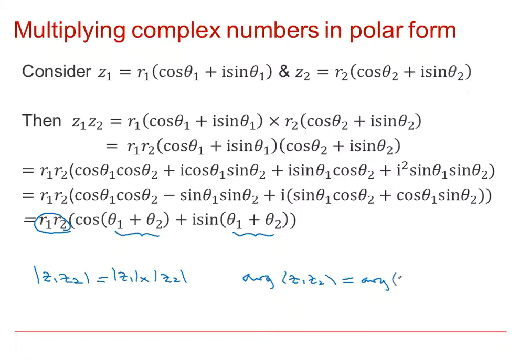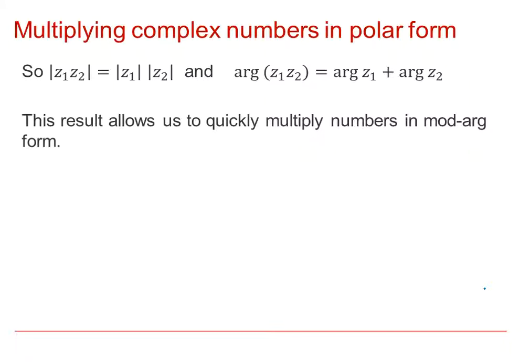So it's the argument of z1 plus the argument of z2. So the modulus of a product is the product of the moduli, and the argument of a product is the sum of the arguments. These results allow us to quickly multiply numbers in modulus argument form.